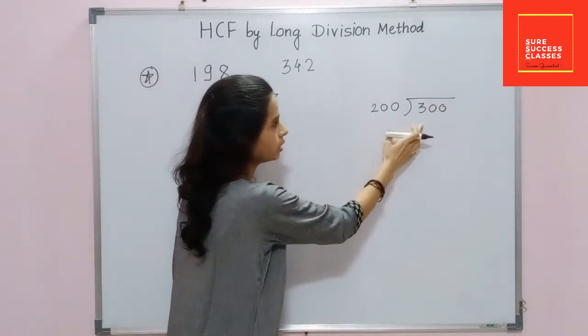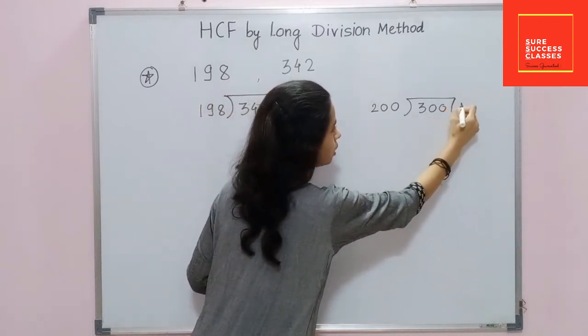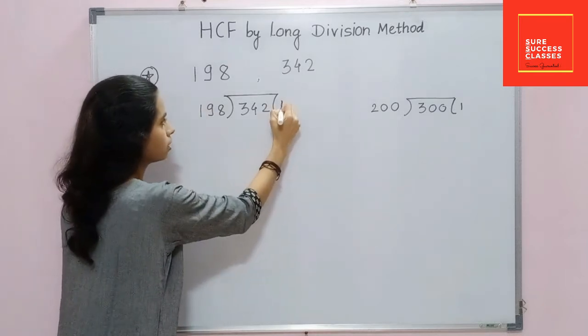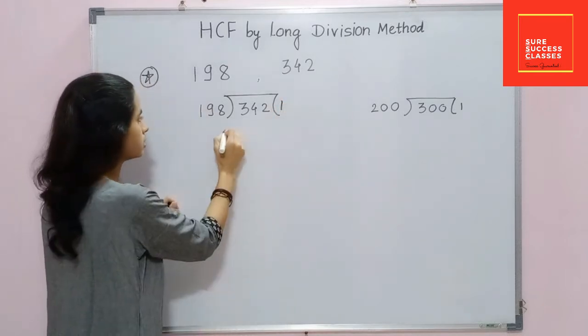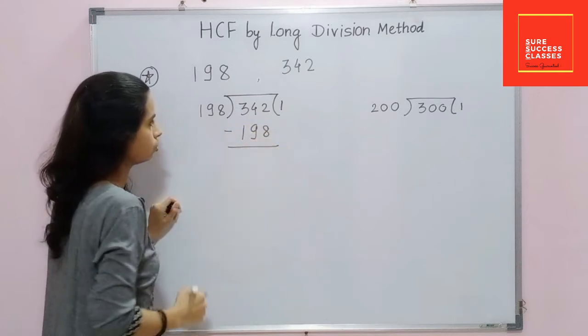If we divide 300 by 200, then 200 goes only one time in 300. So here we will write quotient as 1 and subtract 198 from 342.